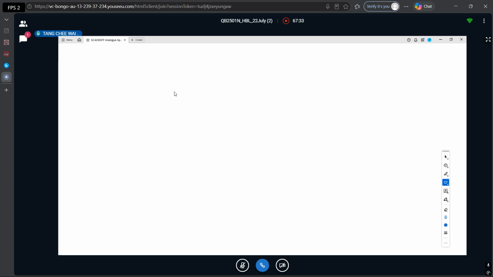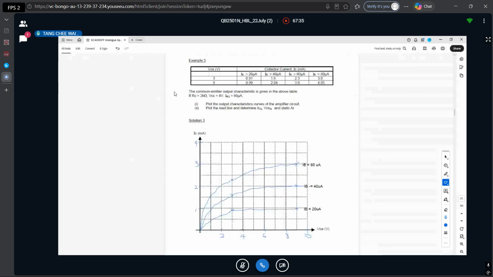Okay, first of all, I want you to look at the table given first. Because sometimes with this table given, you may not understand what is this and that. So I better clarify first, so that we are all looking at the same thing. Right at the top here, this column is about voltage. What voltage? The VCE, collector-emitter voltage.